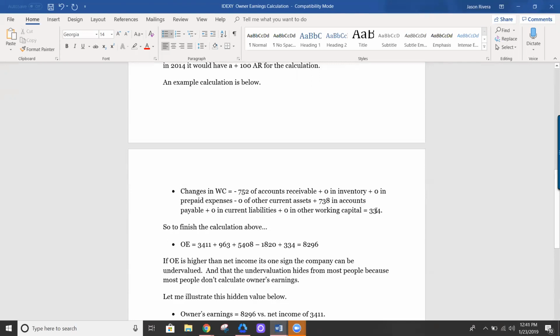We're trying to simply figure out what this company earns, from a real world perspective, that we could potentially take out if we own the entire company. This gives us an idea of how well the company's operating, its profitability, if we can improve profitability or cut costs.